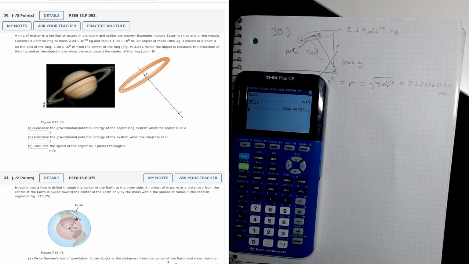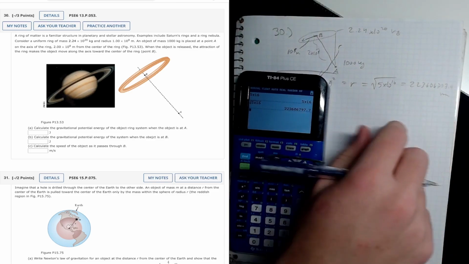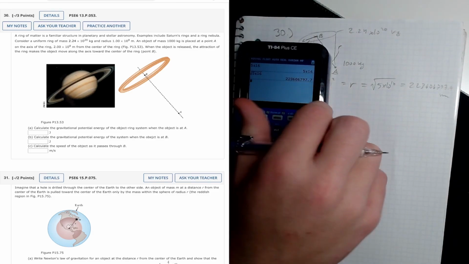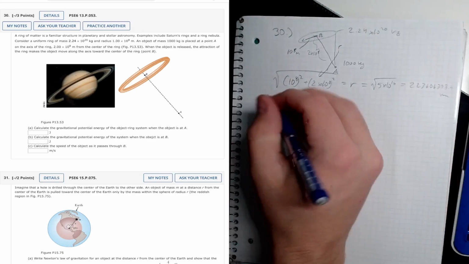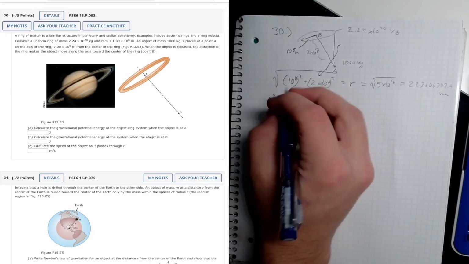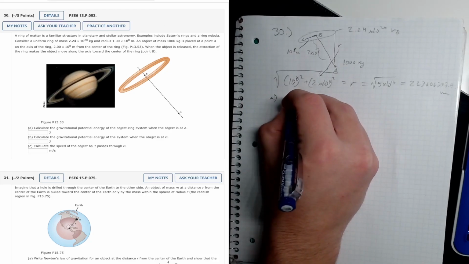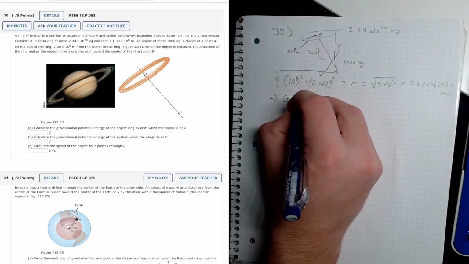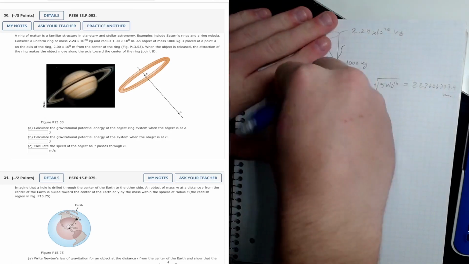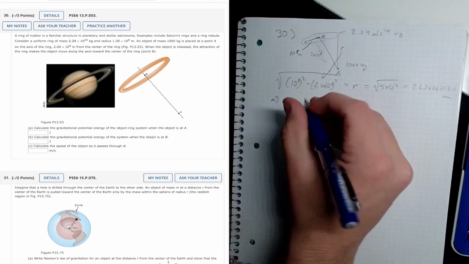All right. Let's see what they're asking now. Calculate the gravitational potential energy of the object-ring system when the object is at A. That's going to be the R, so gravitational potential energy is going to be negative G M1 M2 over R. I won't use a big M in this case, I'll use M2.